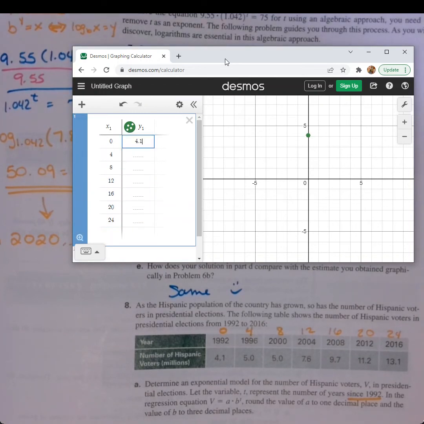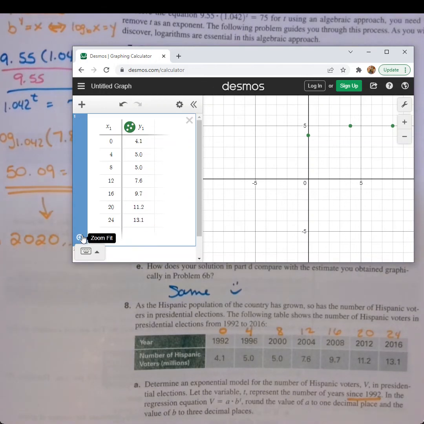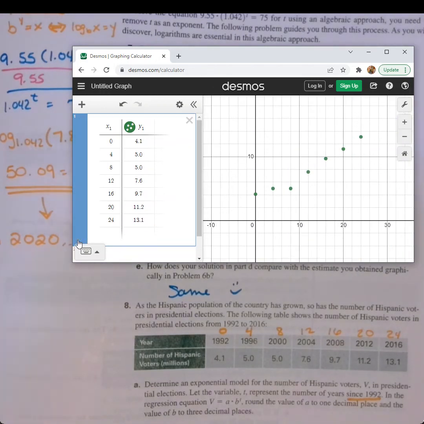All right, so here's our data. And they want us to find an exponential model.